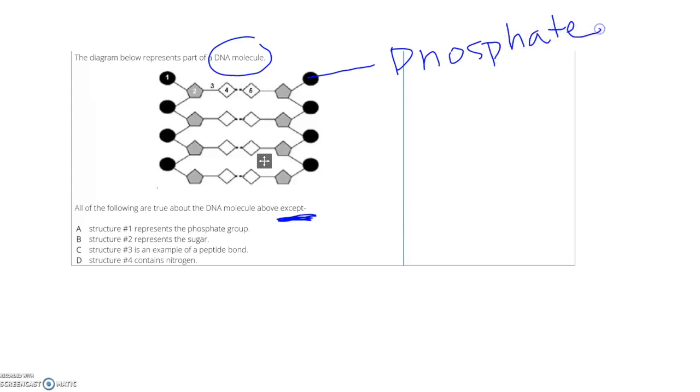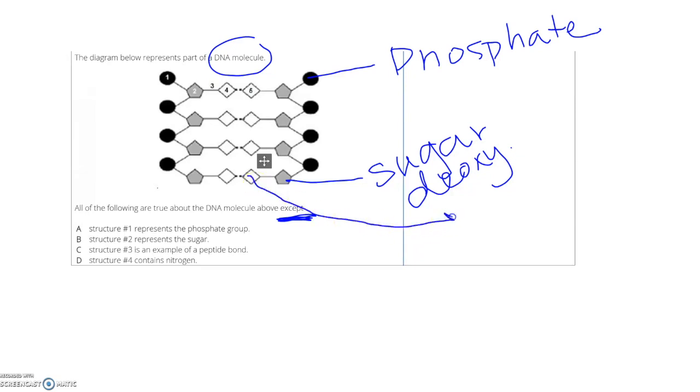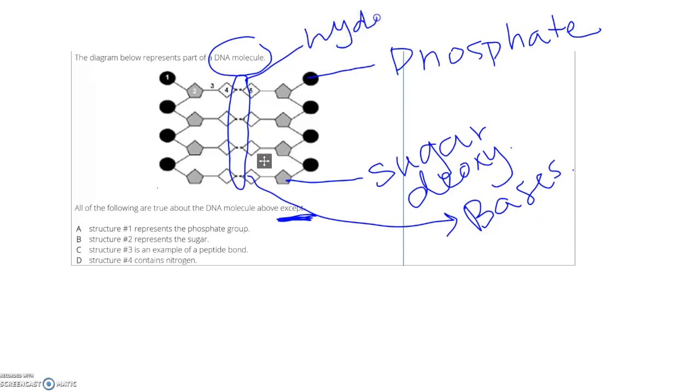Our sugars are going to be these hexagons, or our deoxyribose. Our bases are squares in the middle, or triangles, I don't know, diamonds. And the thing that zips them all up in the center, those are called our hydrogen bonds.